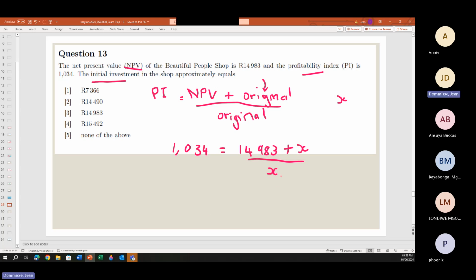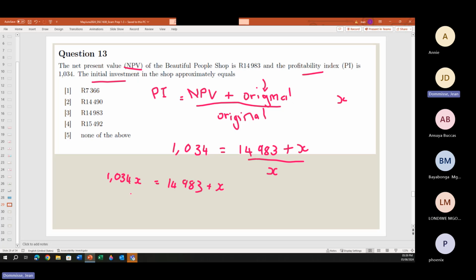So let's multiply out. 1,034 times x, because we multiply both sides by x, is equal to 14,983 plus x.